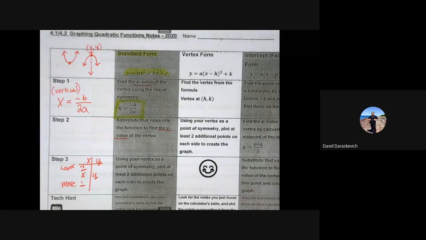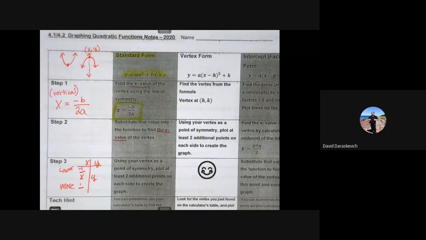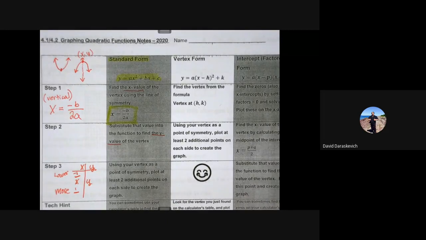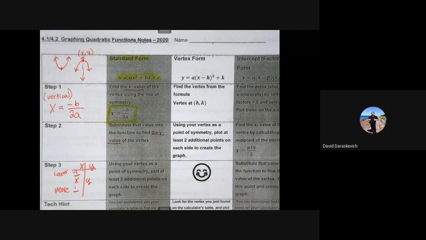Okay, vertex form is the second form. Now, you're kind of used to this because it looks kind of like the absolute value general form, right? That's why we teach absolute value first.